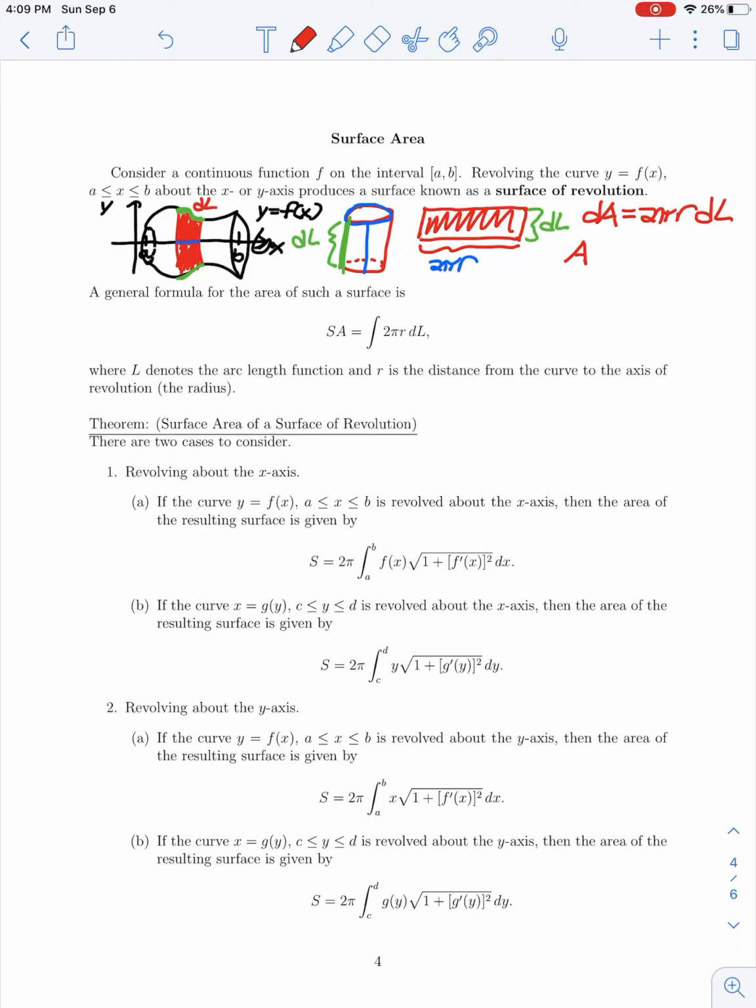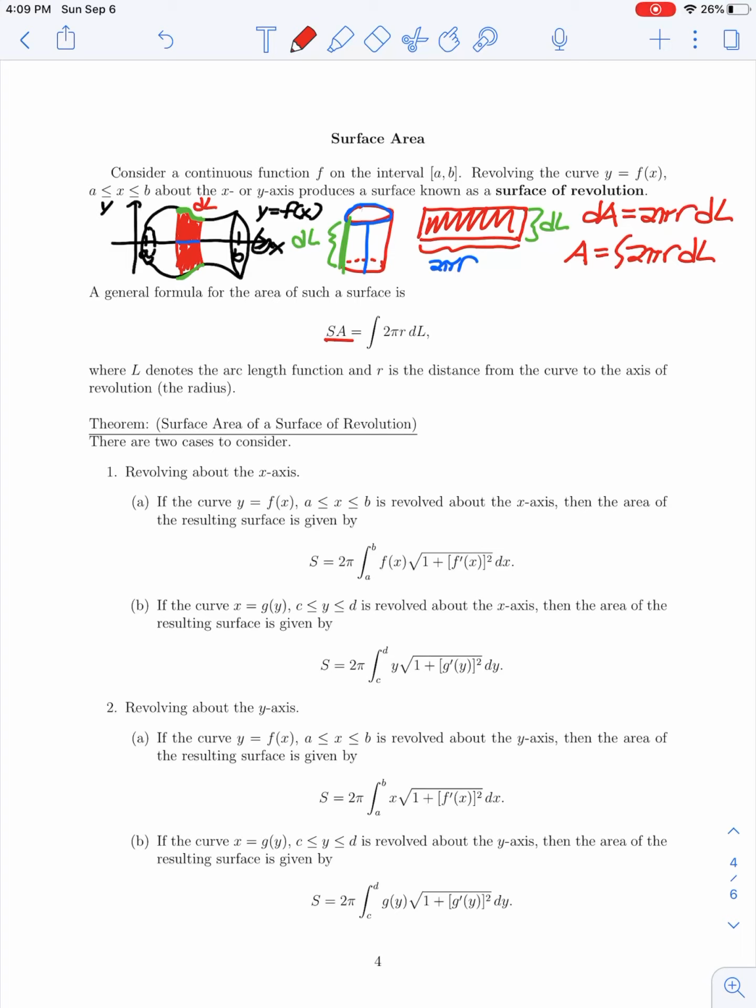So to get the total area, well, I could integrate this expression, and that would give me the surface area, let me call it SA in my formula below, for the surface area of that surface of revolution.